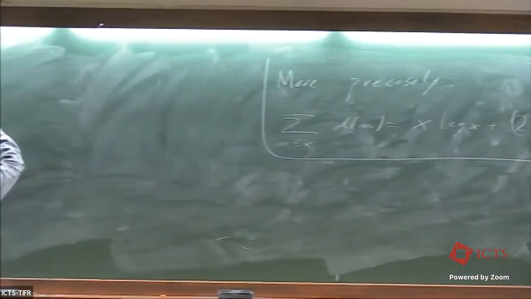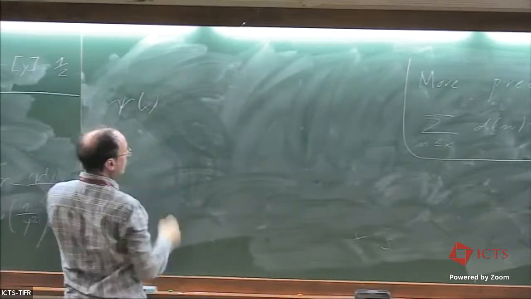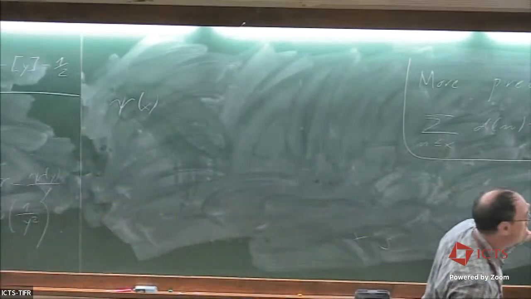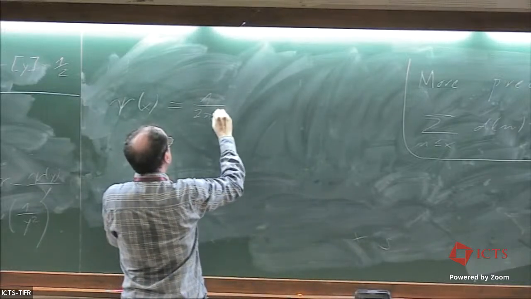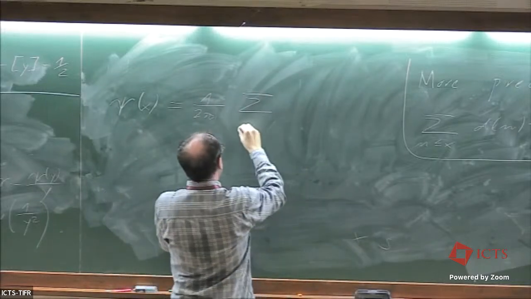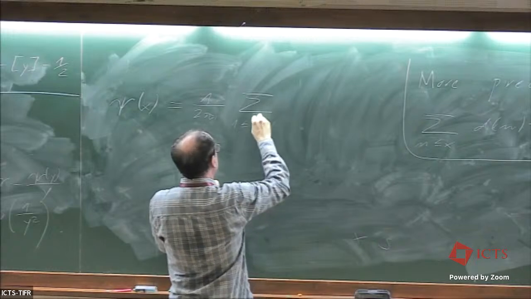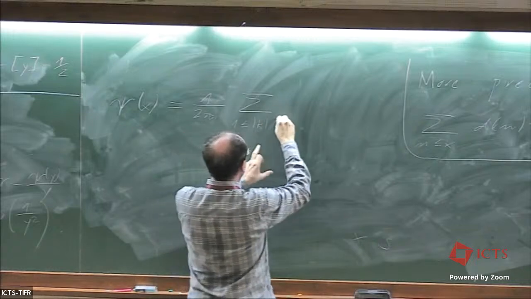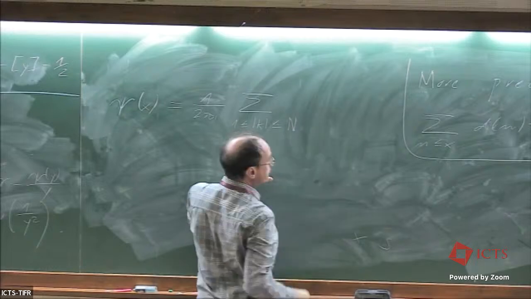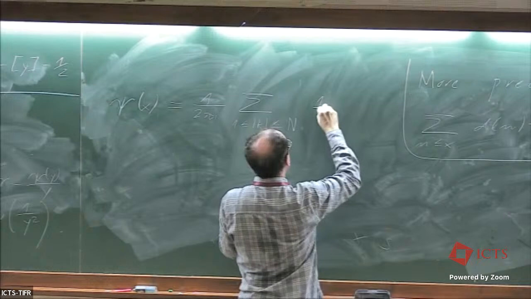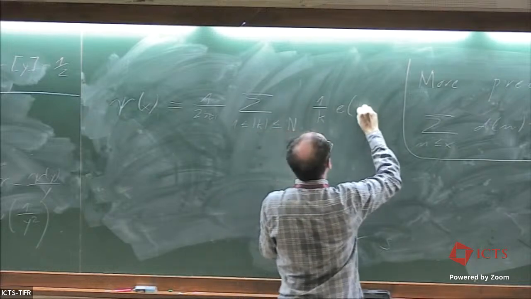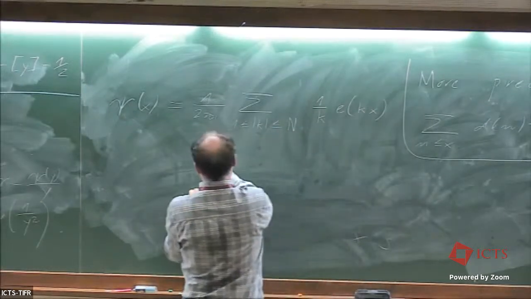So we can approximate that by a partial sum, the sum over 1 less or equal modulus of k less or equal n of 1 divided by k, e of kx.